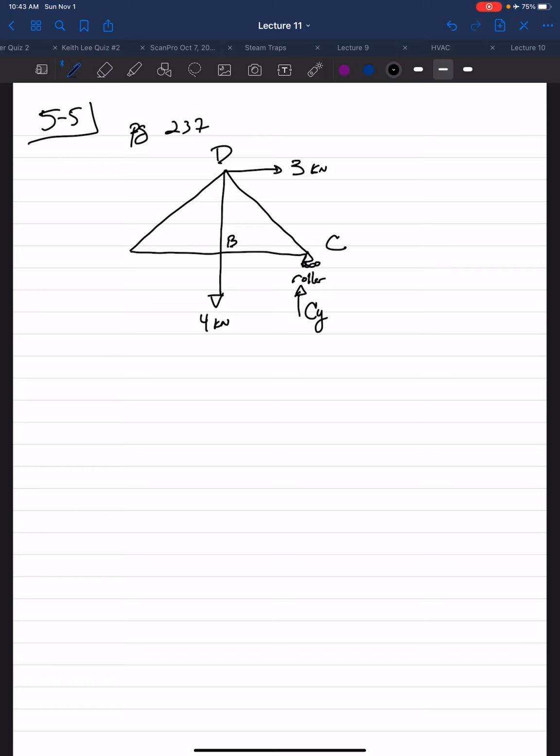A is a pin. So we have an AX and an AY. And I believe I have everything. This distance here is 2 meters. And this distance here is 1.5 meters.